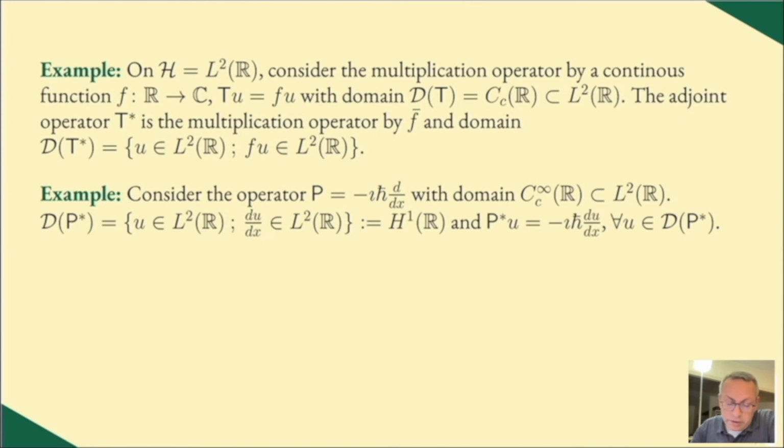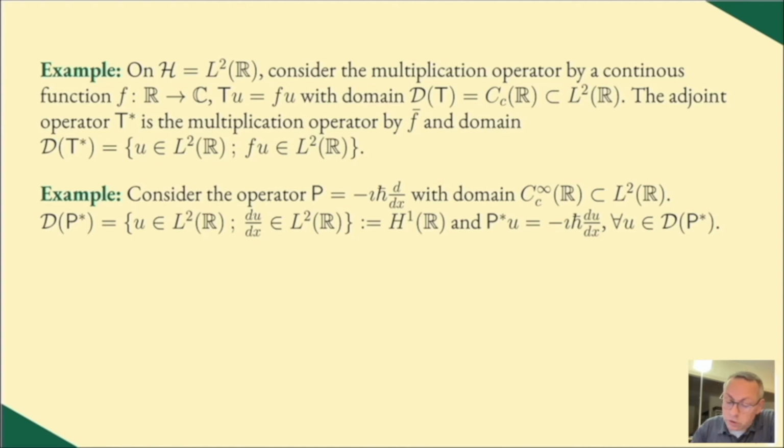For example, let's consider two cases. Again, a multiplication operator on L2 of R by a continuous function. Well, continuous is not essential here. It can be any measurable function, but it doesn't change anything. So T acts by multiplication by f. We take as domain, which is an obvious one, the space of continuous functions with compact support.